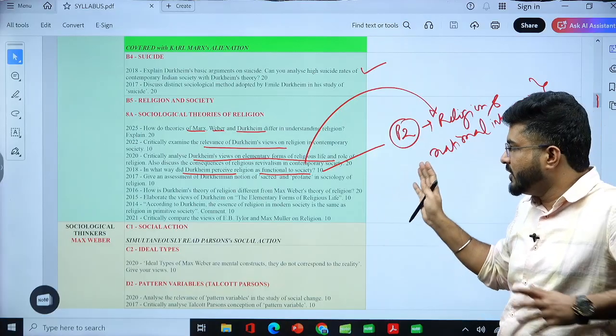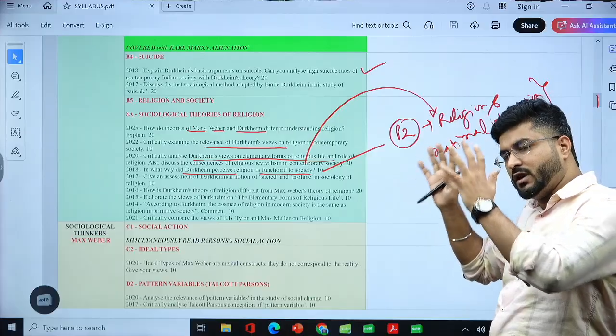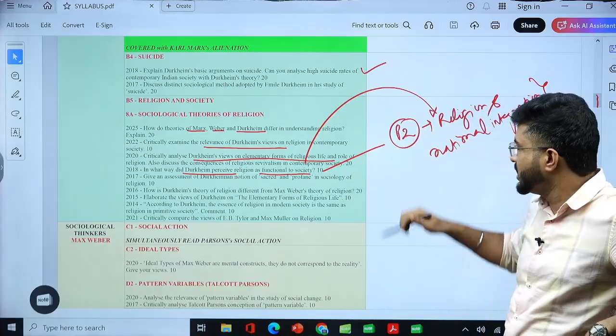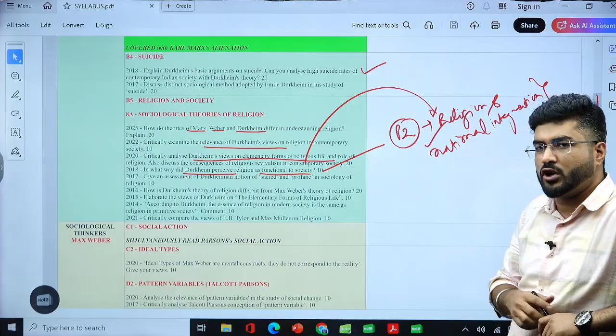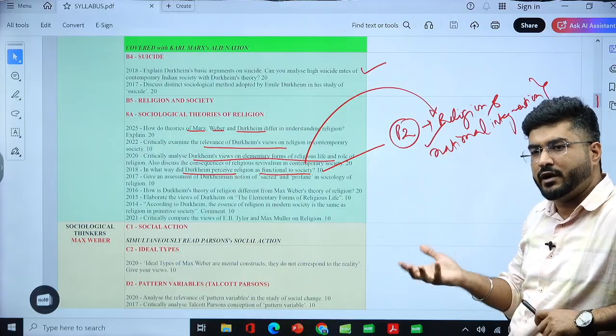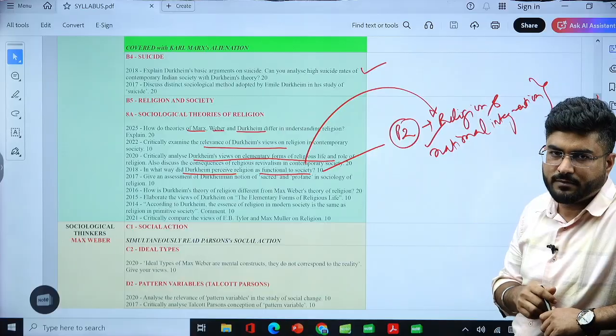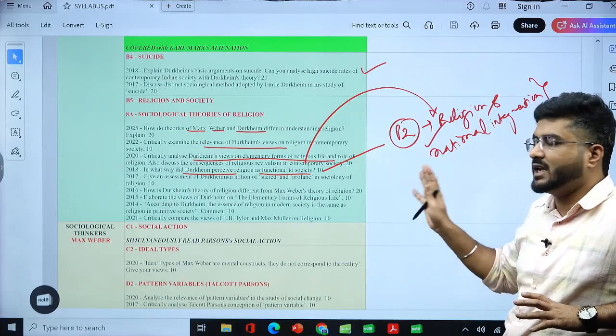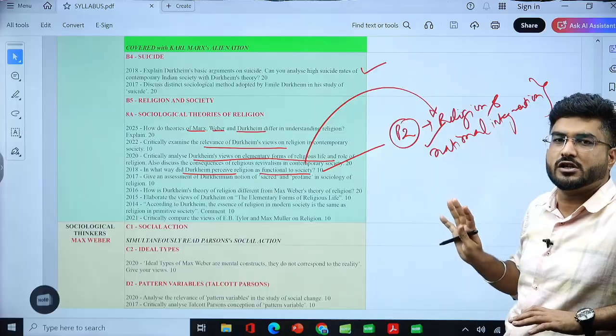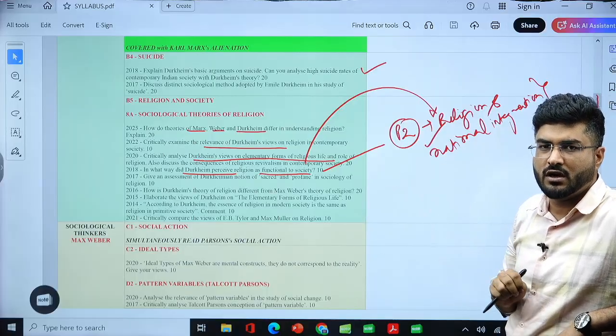So if you give importance to the functional school of thought, the paper 2 question will automatically be addressed in a very enriched way, from a very sociological perspective. This is the reason we have to understand integration first whenever we start with our sociology optional.